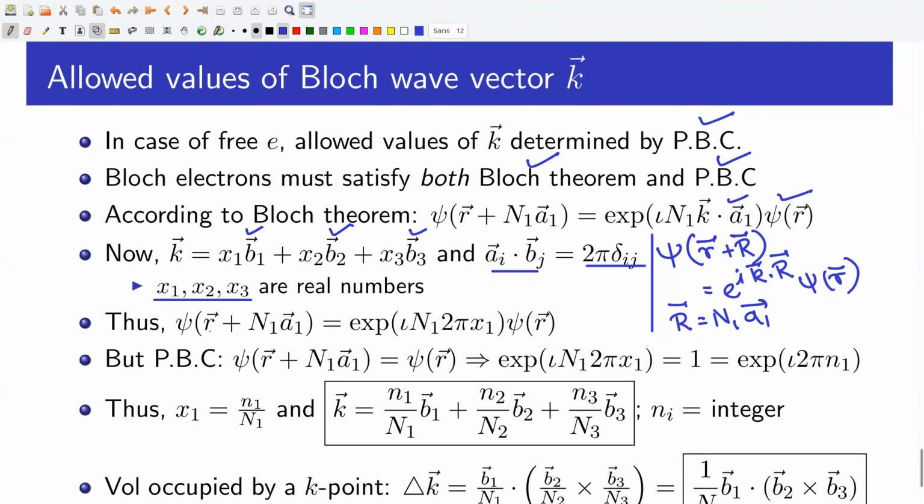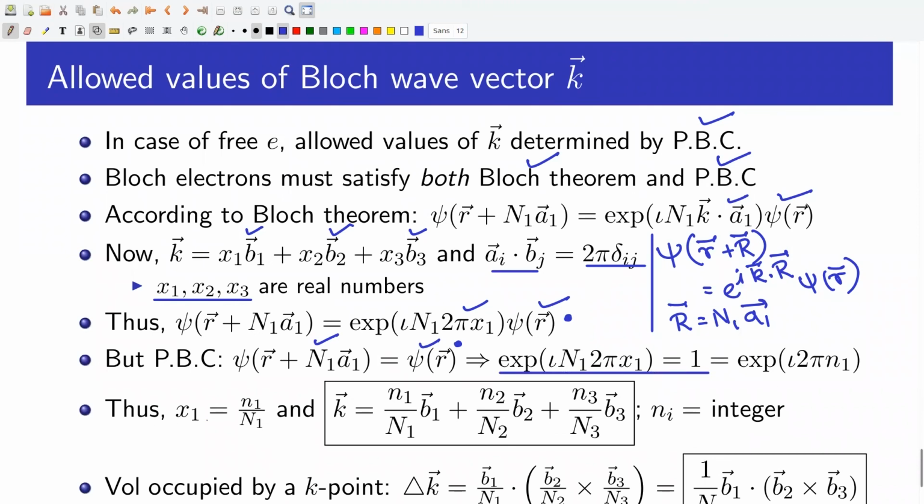Thus, we can write psi of r plus n1 a1 is equal to e power i n1 2 pi x1 times psi of r. But according to periodic boundary condition, psi of r plus n1 a1 must be equal to psi of r. And then you can compare this equation and this equation, and the only way it can satisfy both of them is if e power i n1 2 pi x1 is equal to 1.